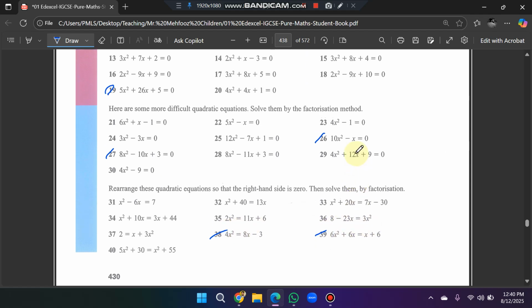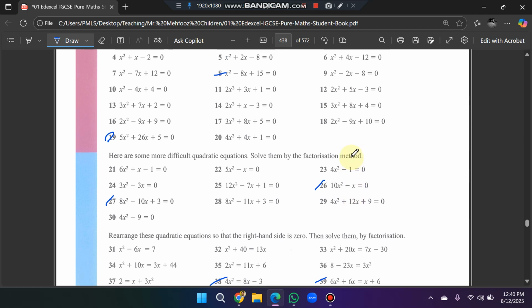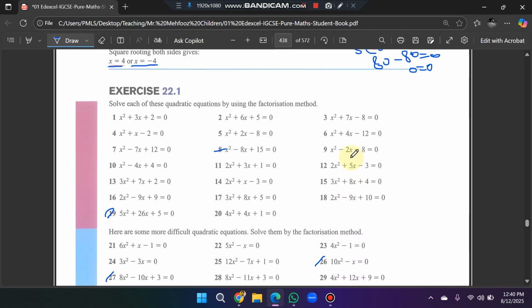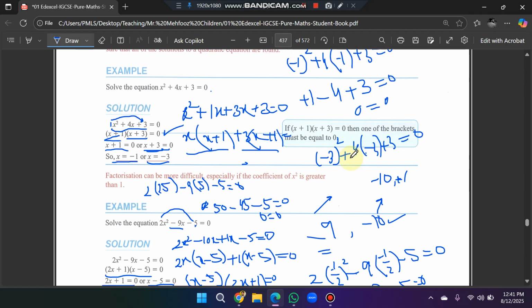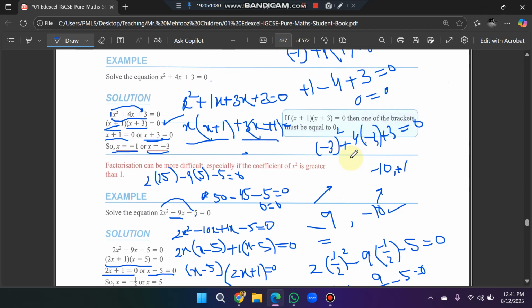These are the questions you have to do after doing these examples. Understand or not? Any problem till this exercise 22.1? No. Okay. So you have to start from this example. I am erasing these solutions. You have to do these examples firstly. Okay.